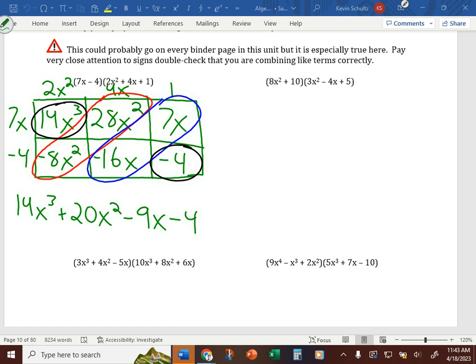Then, when they go to combine like terms, they'll take like 28 minus 8 and put 20x to the fourth. They add the powers. Or they'll subtract the powers and put x to the 0. Remember, when you're combining like terms, as we are here, that variable doesn't change. That variable stays the same.